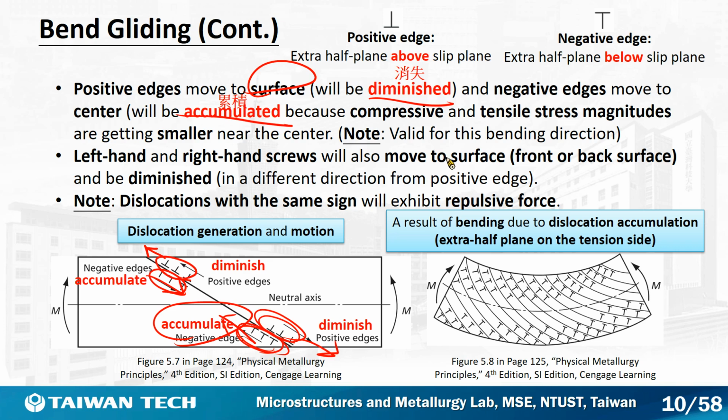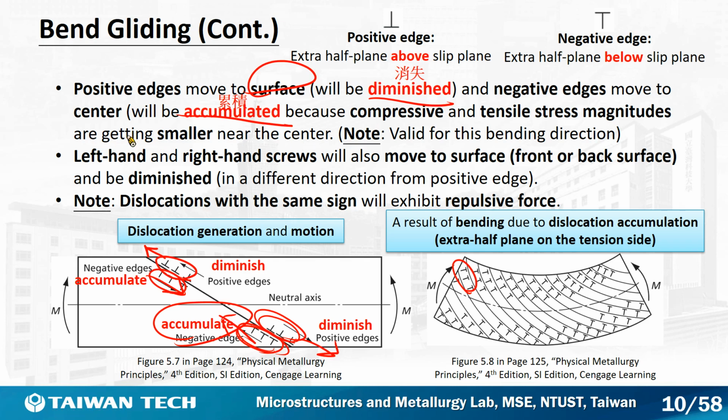This is because all of these dislocation lines are with the same sign, and when a lot of dislocations with the same signs are together, they will experience the repulsive stress. So they will accumulate in the middle. They will not combine together, right? And then let's see the statement here.